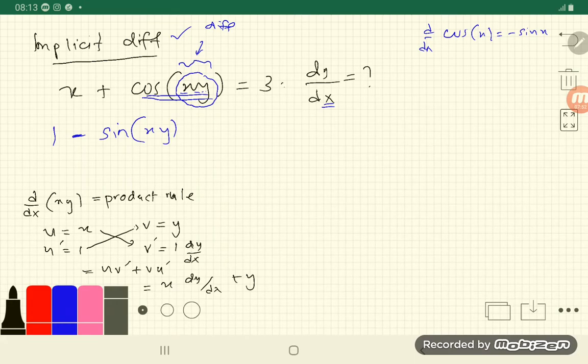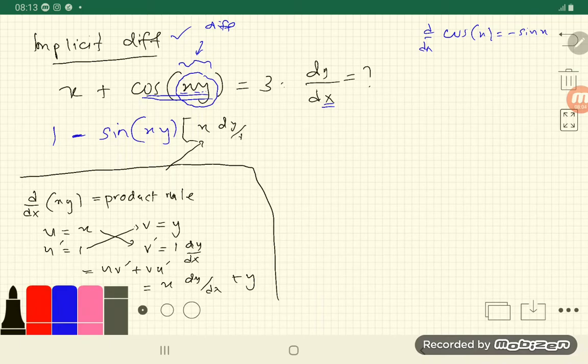So you take all this value and put it here, which should be x dy over dx plus y. And if you differentiate 3 here, of course you are going to get 0, so just put it as 0 there.